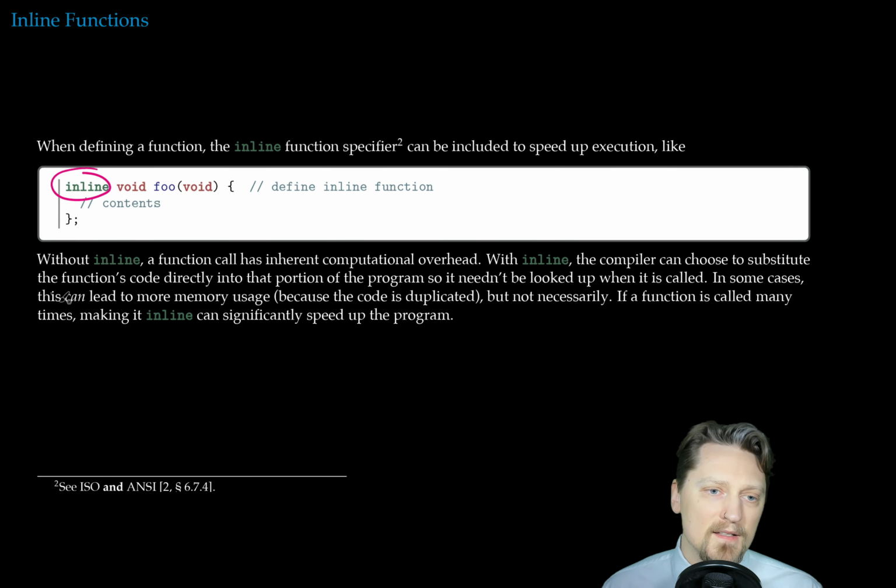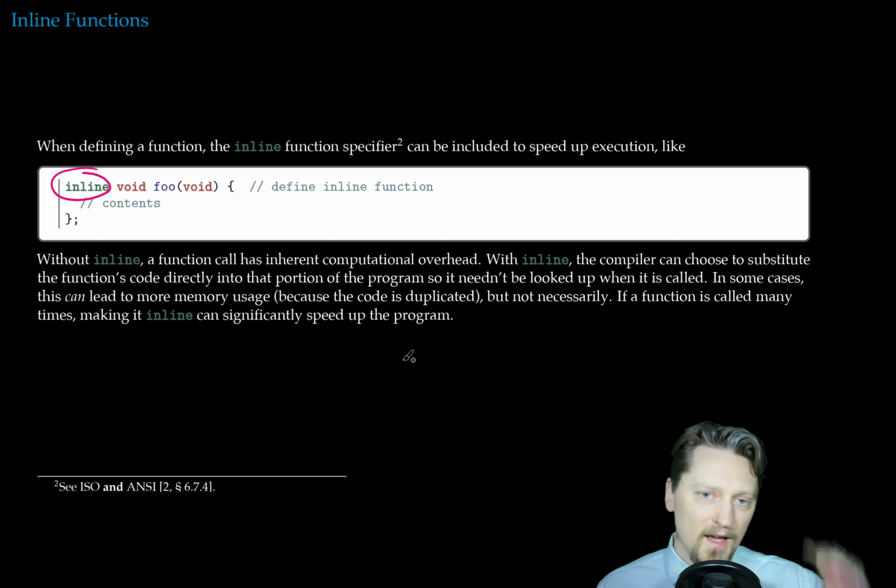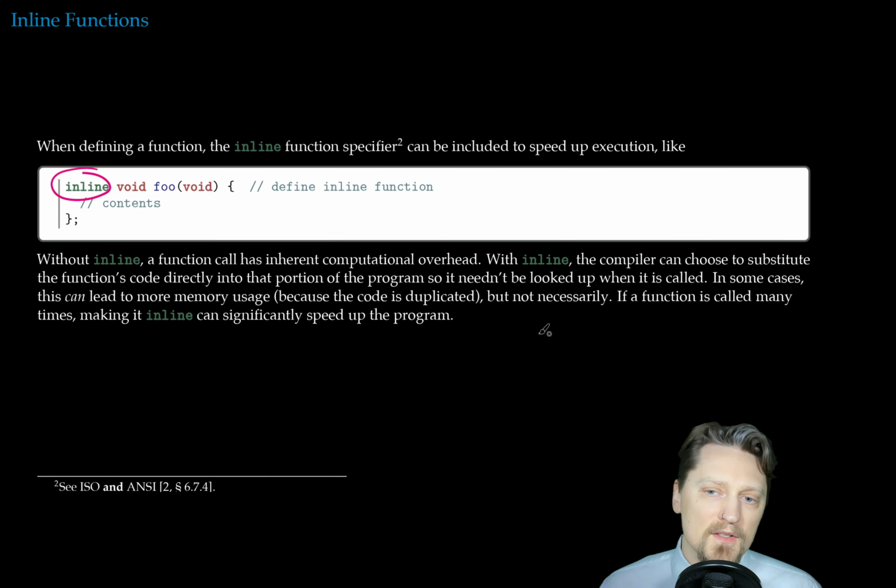In some cases, this can lead to more memory usage because the code is duplicated. It's actually injected wherever you call the function, but not necessarily. If a function is called many times, making it inline can significantly speed up the program. Function calls can add a lot of computational overhead to your program, so putting the inline keyword there is a good idea if you're looking for runtime efficiency.